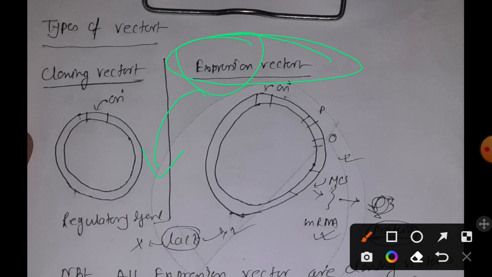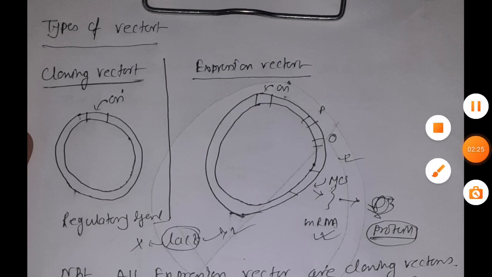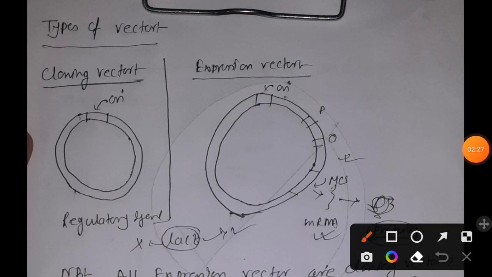It is very clear that with only an origin of replication, MCS and marker gene, we cannot express our gene of interest, right? We need some more things. Obviously we need the origin of replication, MCS and marker.